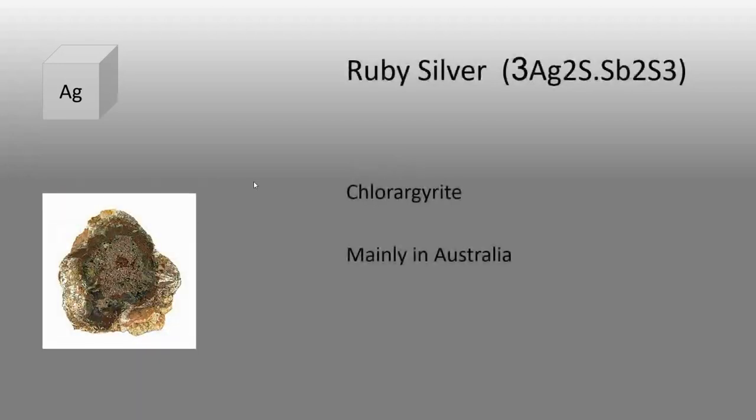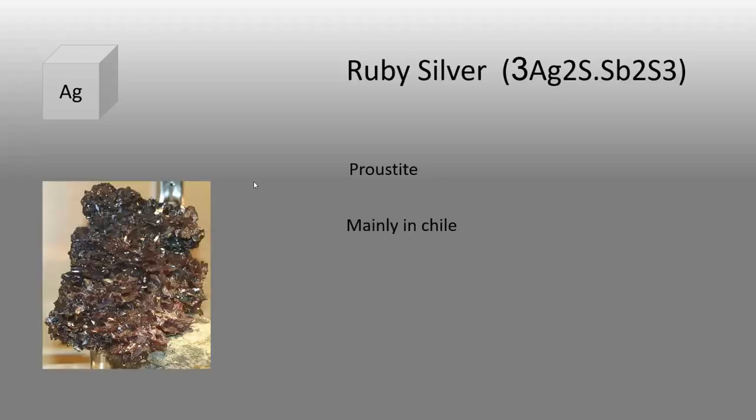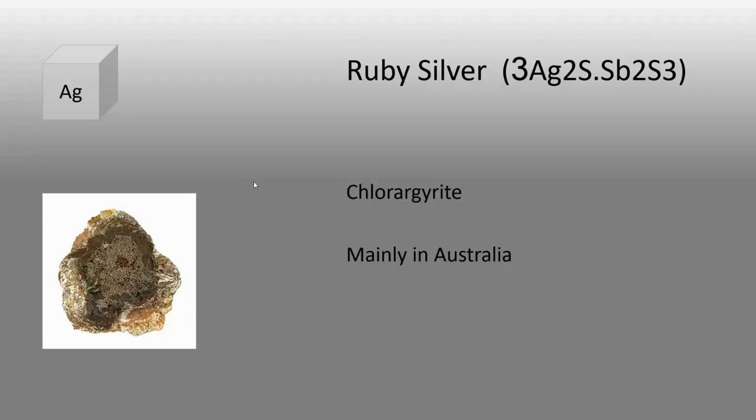Okay, the next ore of silver is horn silver, and it is known as chlorargyrite. Majority of this is found in Australia also. And here some antimony we can also find as a byproduct. Sorry, I've made some mistake here.